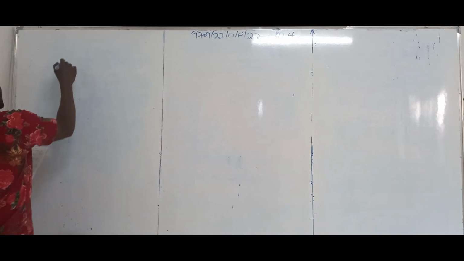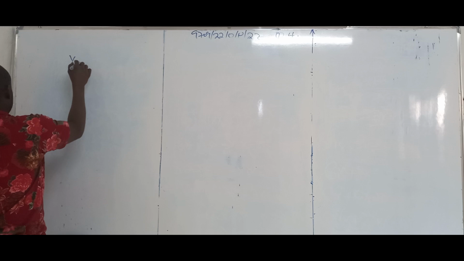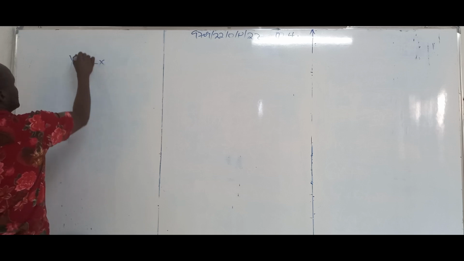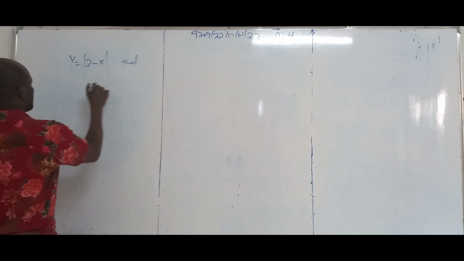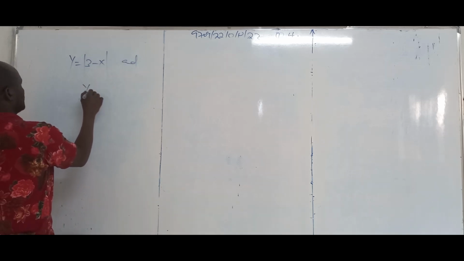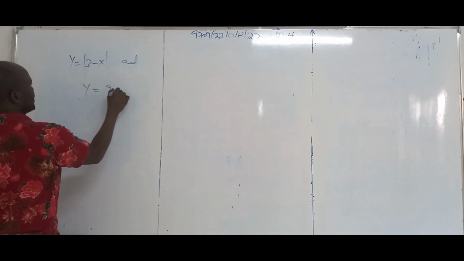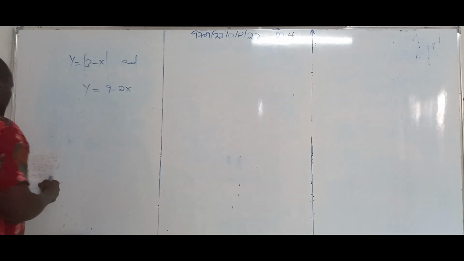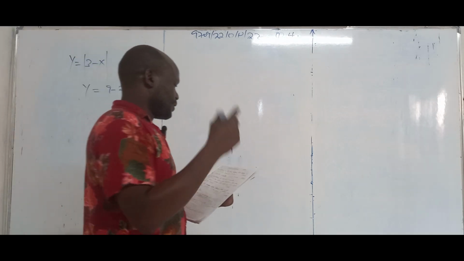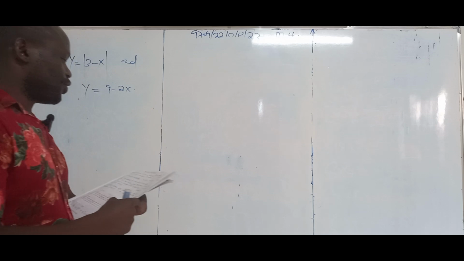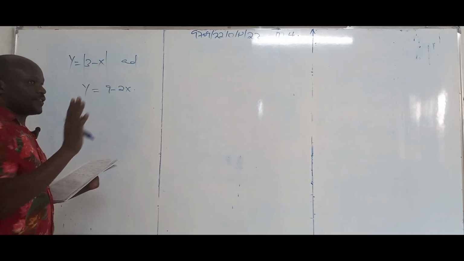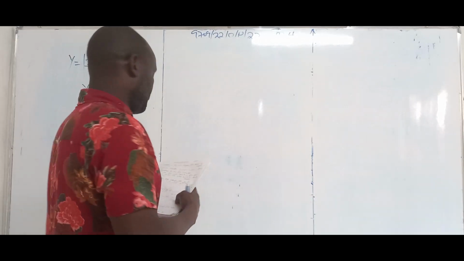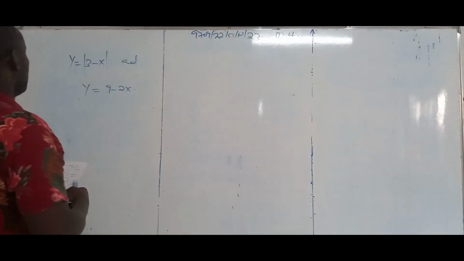So, the first line that we are given is y equals modulus of 3 minus x, and the other one that we are given is y equals 9 minus 2x. And we are asked, part A, to sketch on the same diagram the graphs of these. So I will show you how to draw.